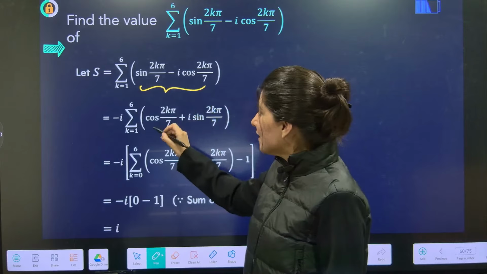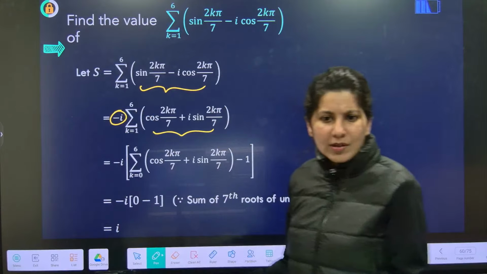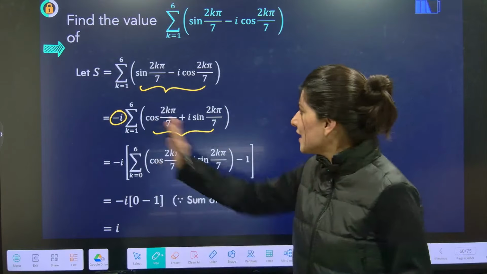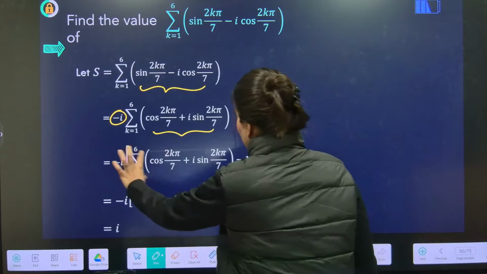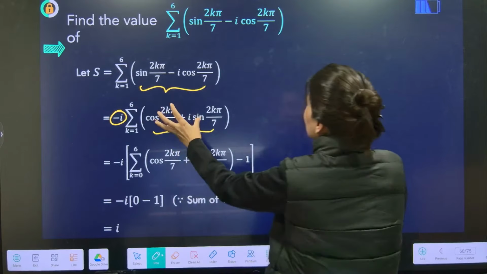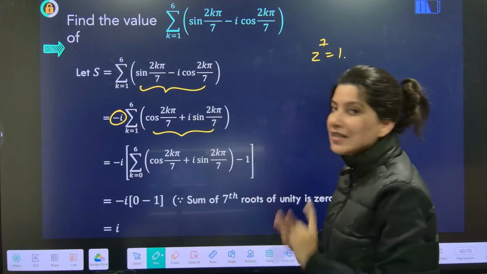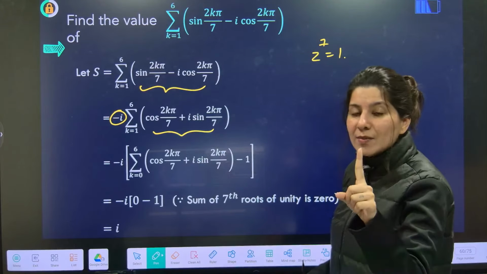Iota is already inside. 1 upon iota means minus iota, which is staying outside. Now if you focus on this, this is nothing but the sum of 6 roots of z power 7 equals 1. Except one root, everyone is there. What is that root? 1 is missing.